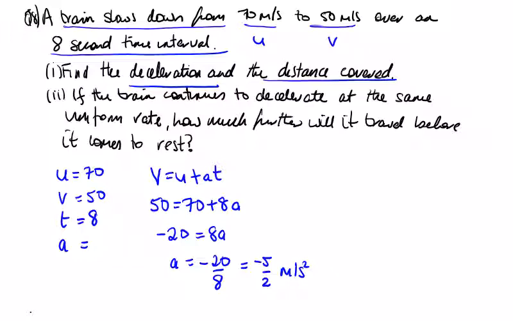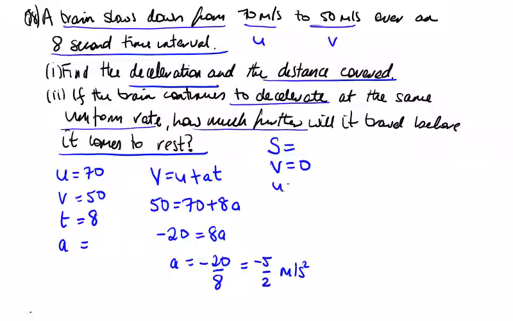And we're also told if the train continues to decelerate over the same uniform rate, how much further, so we're looking for distance, will it travel before it comes to rest? So that's when my v will be equal to 0.